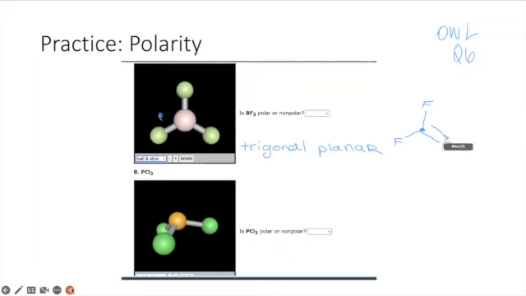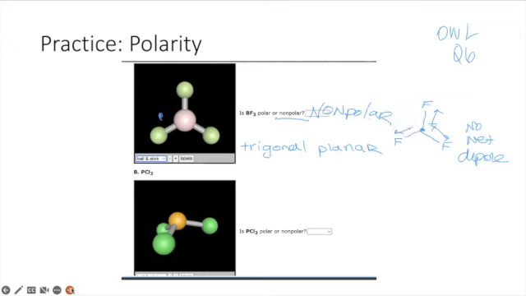All are going to point towards the fluorine because fluorine is the most electronegative atom. They're all pointing in opposite directions of each other, meaning there's going to be no net dipole. Meaning that BF3 is nonpolar.